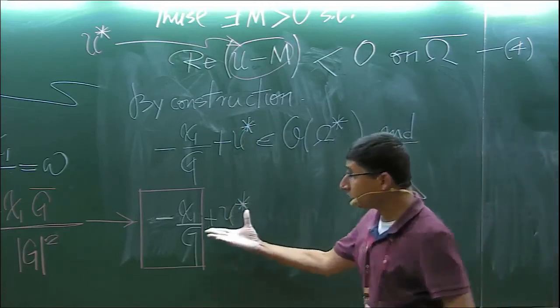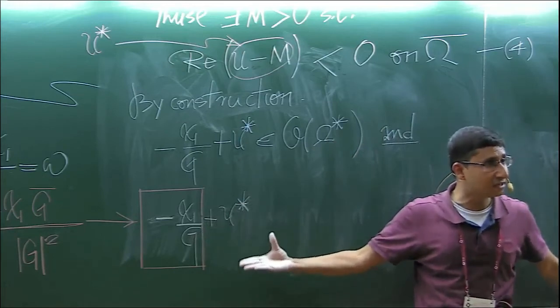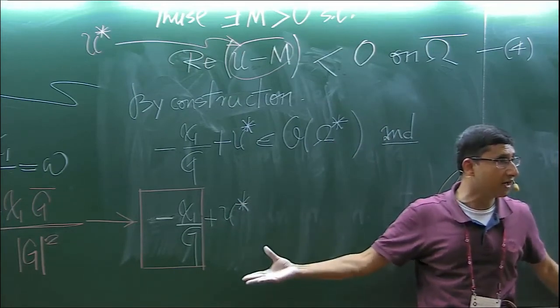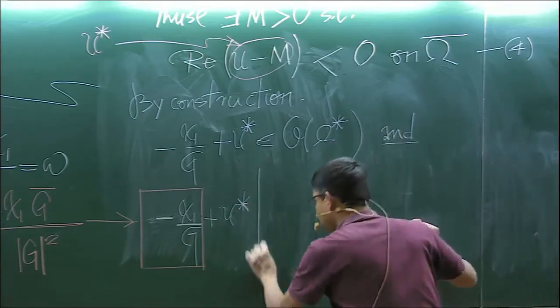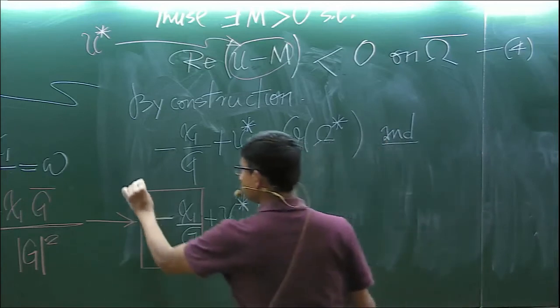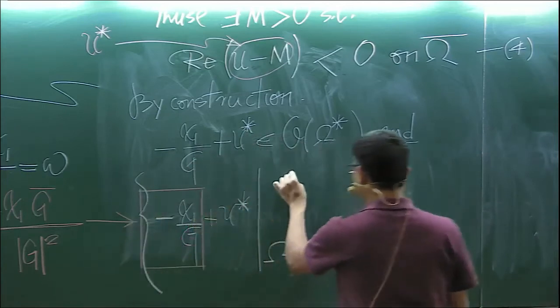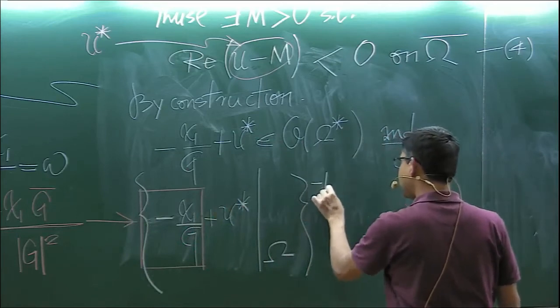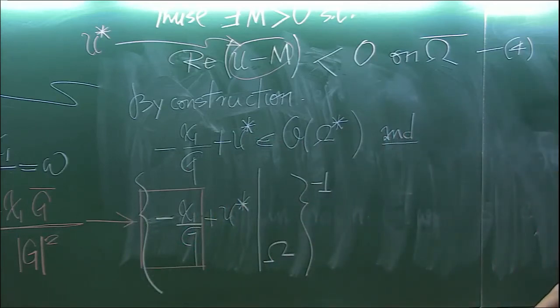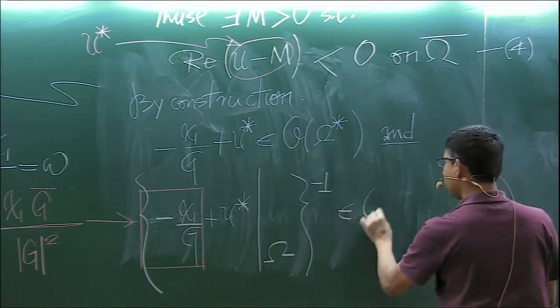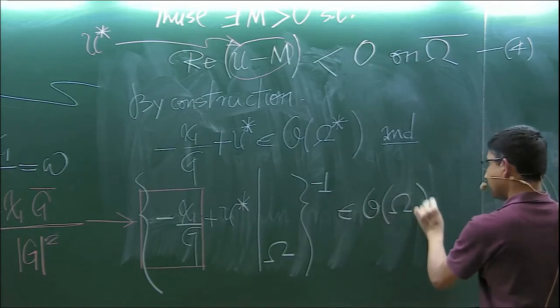So you see, this whole thing has strictly negative real part, so it can never vanish on where? On omega. So the reciprocal of this is holomorphic on omega.